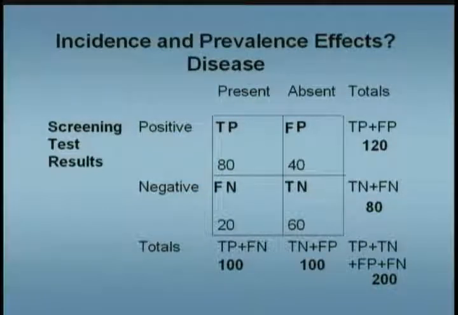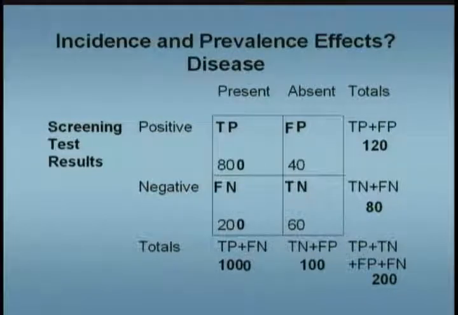Let me try to demonstrate this by having you look back at our 2x2 table. Instead of 100 cases of disease, let me add a 0. Now you can see we have 1,000 cases of disease. Well, since the two numbers in these cells have to add up to that marginal, then they must change as well. This 20 becomes 200. This 80 becomes 800. Go ahead, quickly calculate the sensitivity, and you'll notice it's the same.